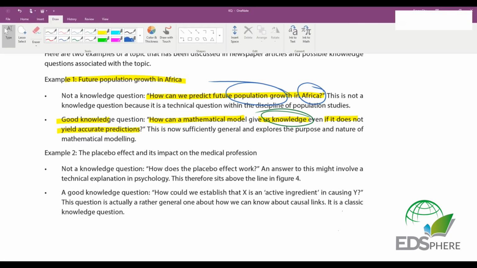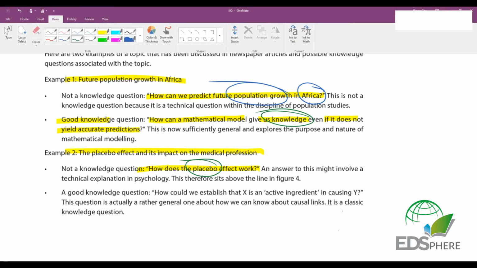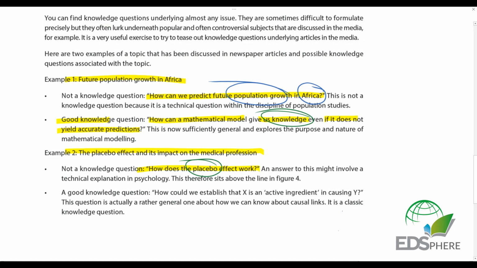Example 2. The placebo effect and its impact on the medical profession. Again, this is a topic, and this is a very simple question they generate. How does placebo... So like I said earlier, we need to take a step back. I don't want to know placebo. I want to know the concept of how placebo works.